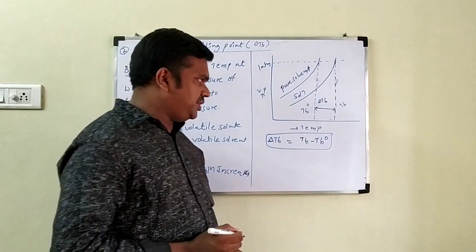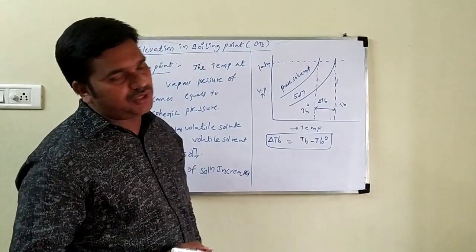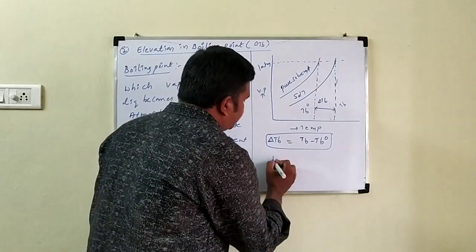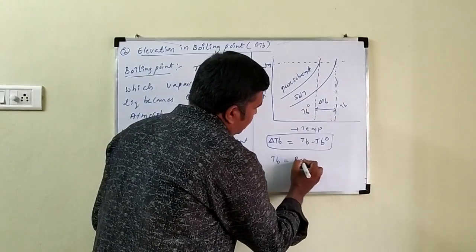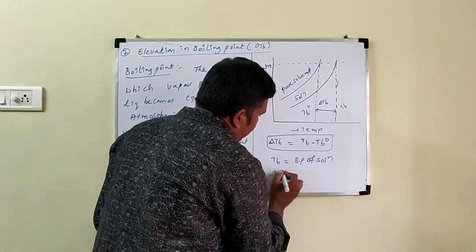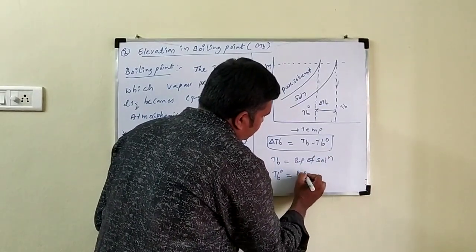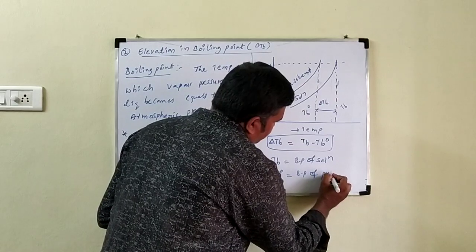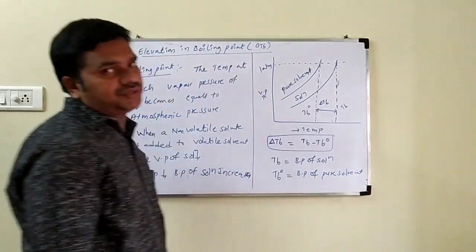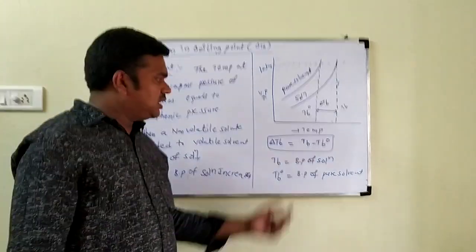What is TB? TB is the boiling point of the solution. What is TB naught? Boiling point of the pure solvent. Okay, so this is the delta TB.